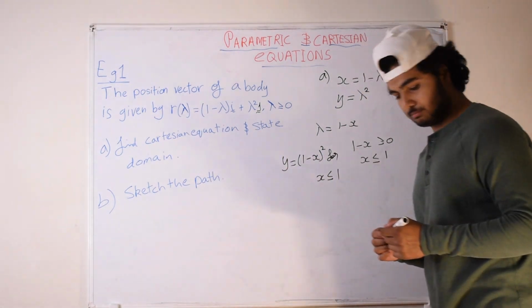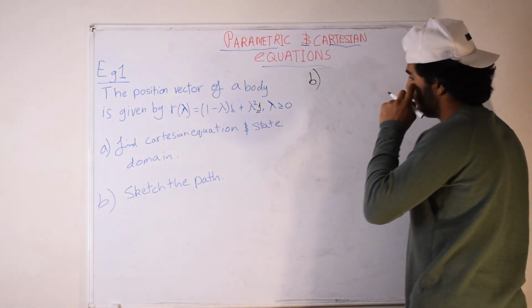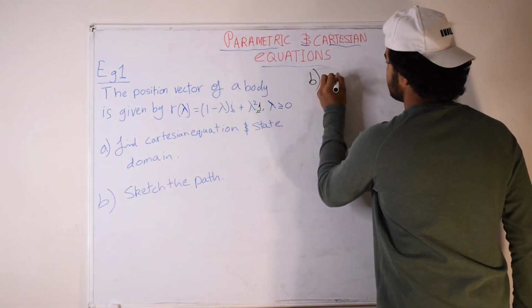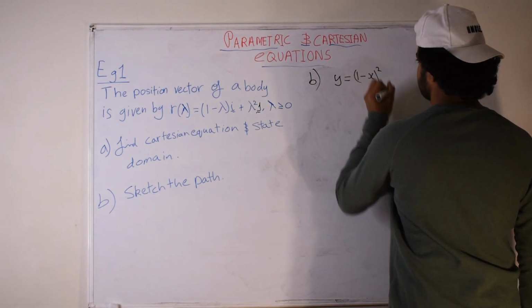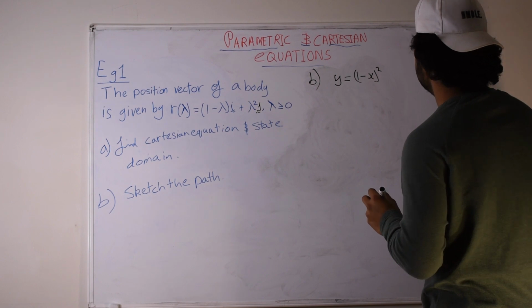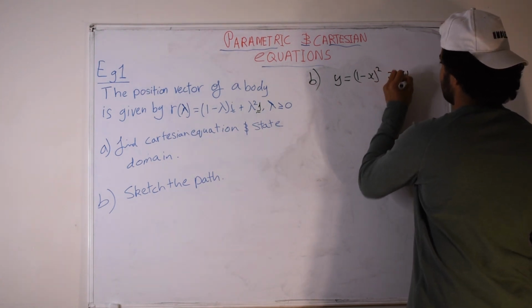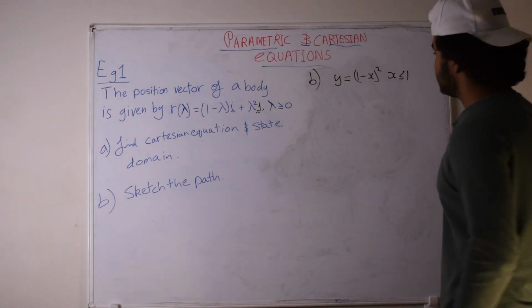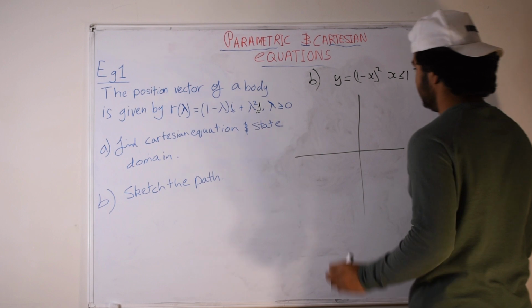Now let's go on to B over here. Looking at B now, we developed the Cartesian equation, which was y equals 1 minus x all squared for x less than or equal to 1. Sketch the path of the graph.